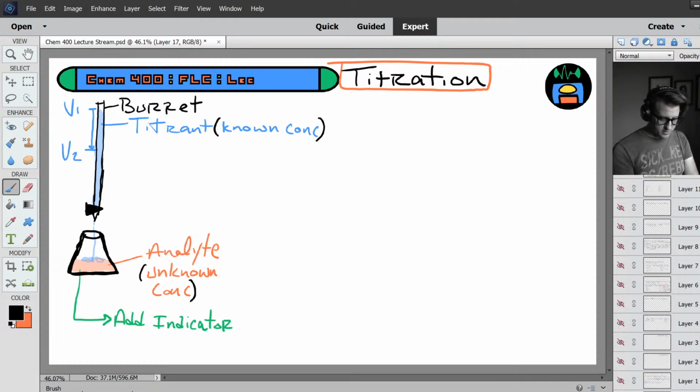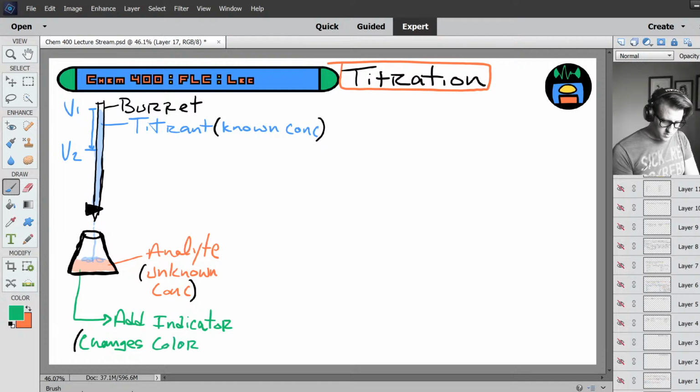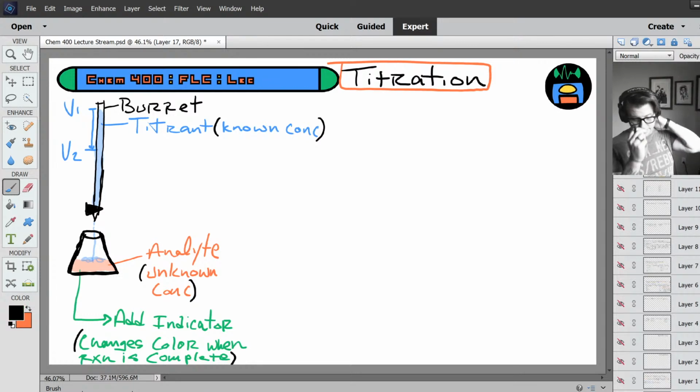So our indicator here, sorry, let me just add this to be complete. Changes color when the reaction is complete. All right. The indicator changes color when the reaction is complete, so you know when to stop adding your titrant.